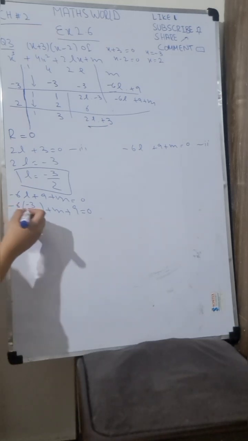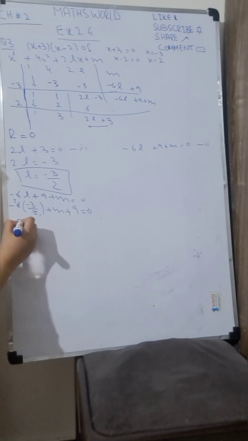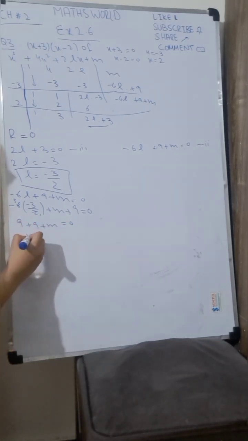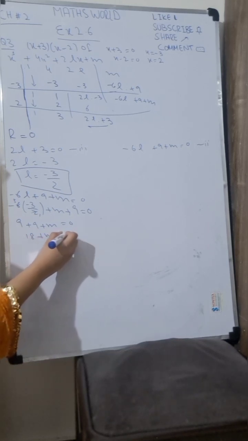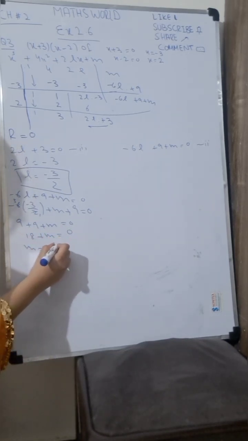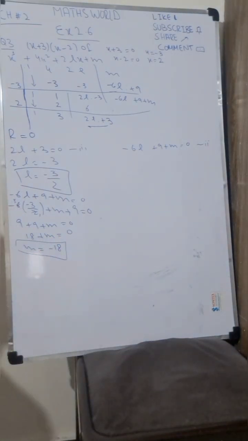Now simply, 2 ones and 2 threes, 9 and 9, and m is equal to 0. So 18 plus m is equal to 0, and m is equal to minus 18. So these are the two values of L and m that we have found by using synthetic division.